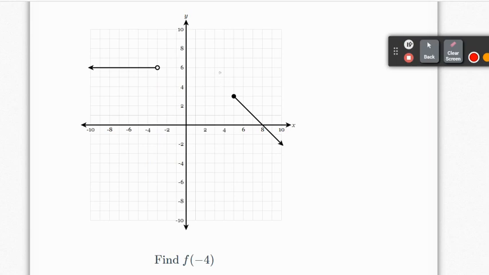If I was asked a question like, what is f of 2? Well, 2 would be right here. And what you'll notice is that nowhere on this graph is there any definition. And what I mean by that is there's no squiggly function, there's no graph in there.